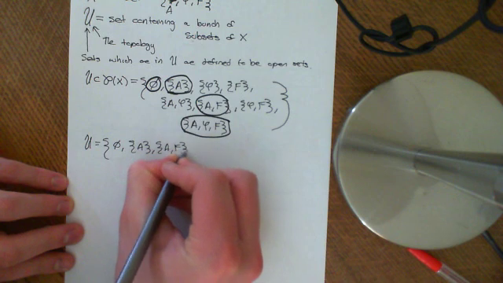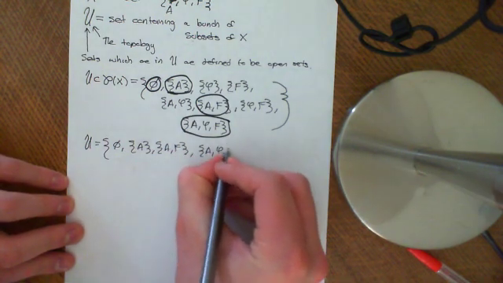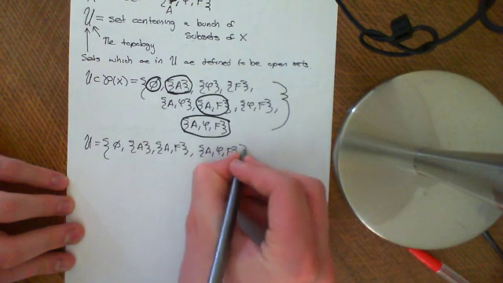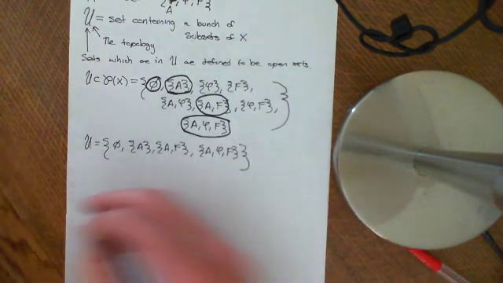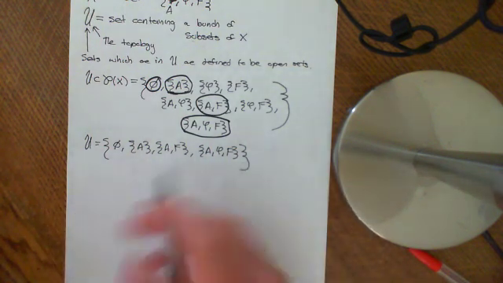And we might say we want that to be our topology. And there's a problem basically, that this might not satisfy the axioms of a topology, because you can't just define your open sets willy-nilly.